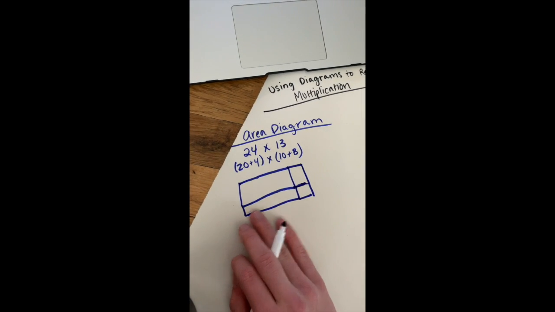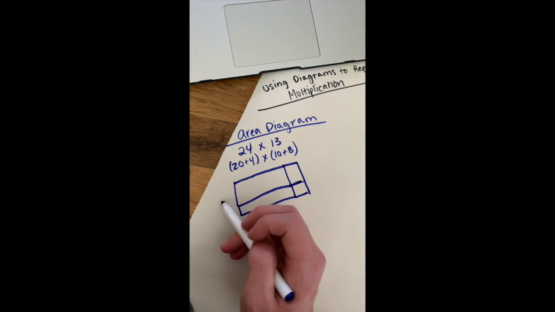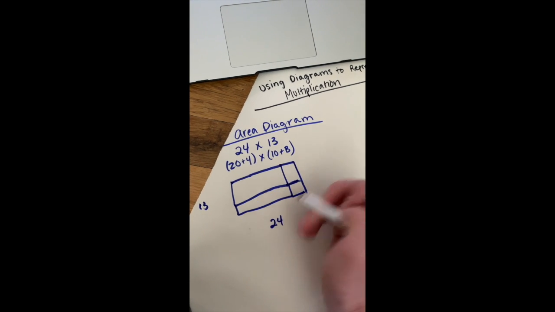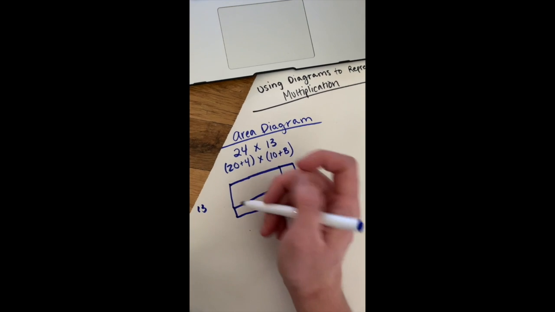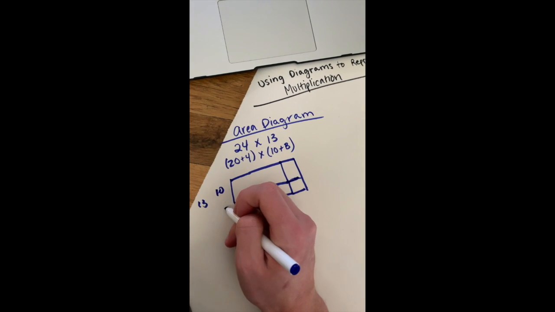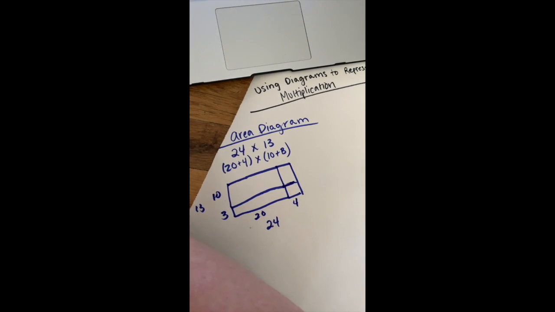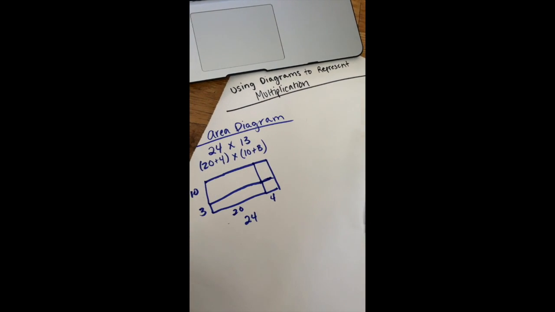With this rectangle, we have our side lengths of technically 13 and 24. However, I've already partitioned it off to show our different numbers. So this would be 10, and this would be 3, this would be 20, and this would be 4. In just a second, I'm switching over to a different color to fancy it up a little bit.